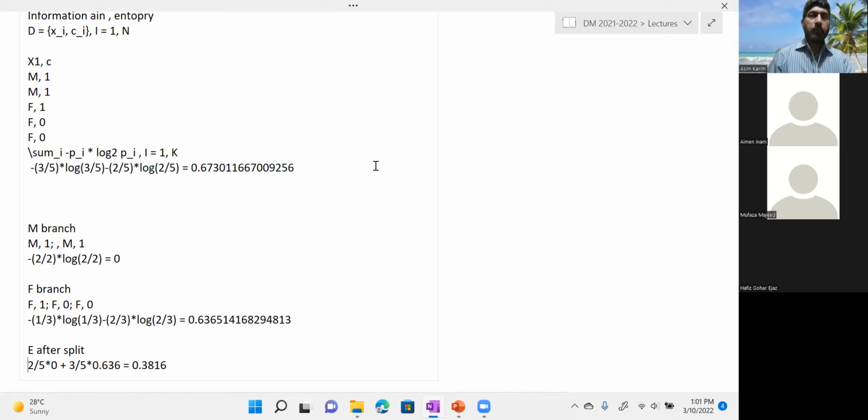So what was the entropy before the split? So 0.673. So that was the entropy before the split. Entropy after the split is 0.381.